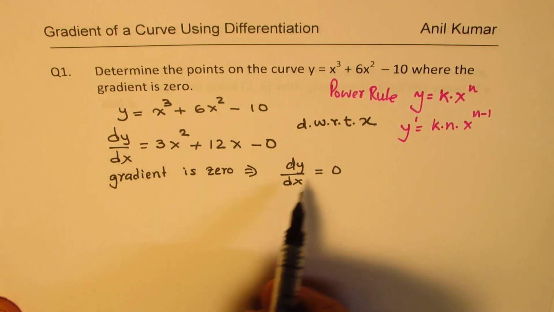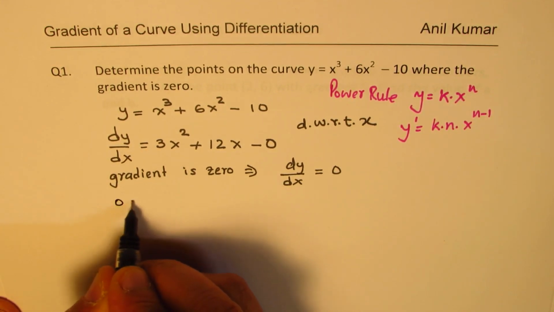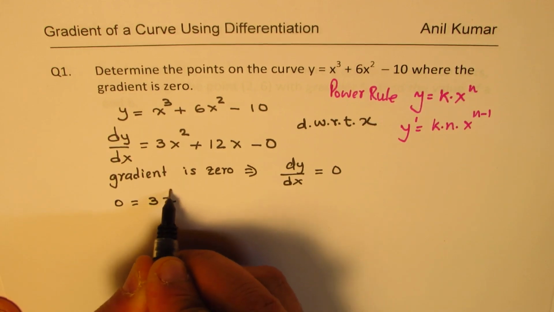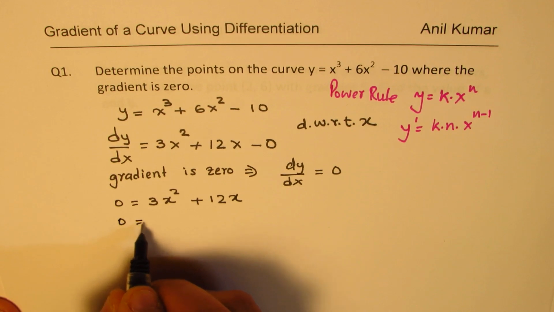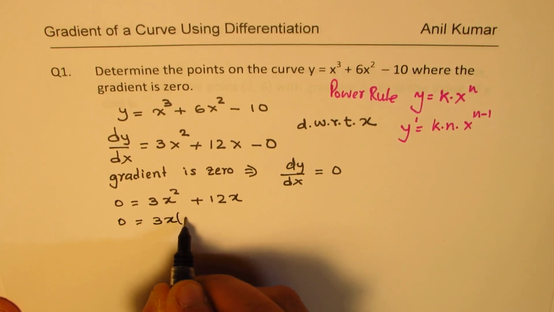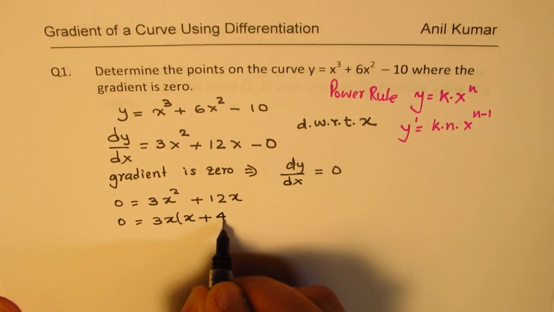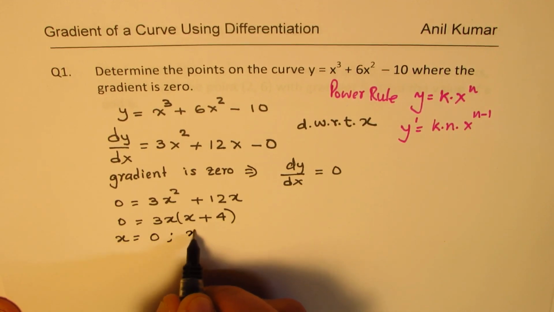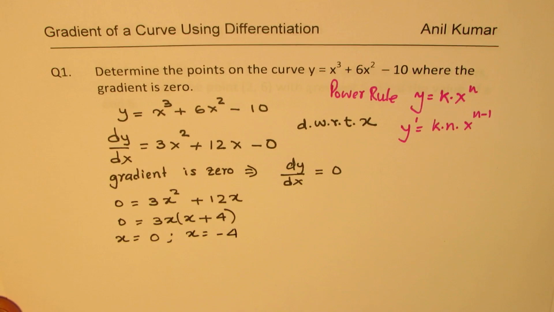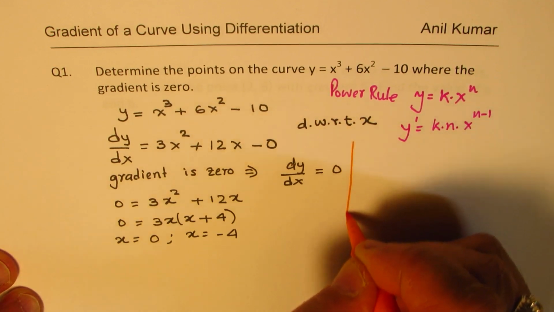So let's equate dy dx as 0. So we get 0 equals 3x squared plus 12x. Now if I factor 3x, I get x plus 4, right? So this is 0 means x equals 0 and x equals minus 4. So we get two values of x for which the gradient is 0, right?